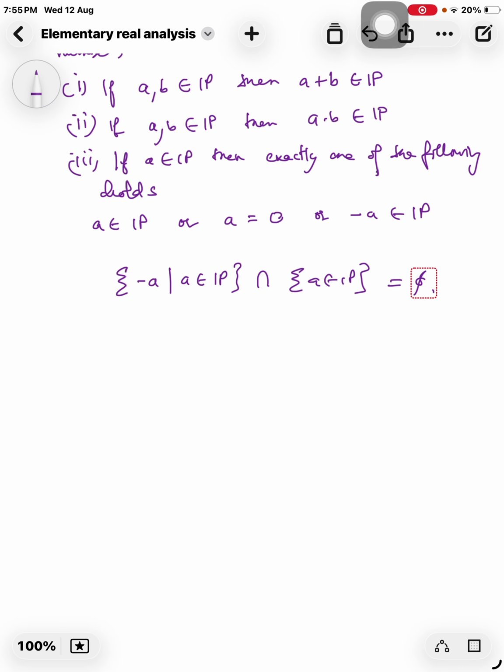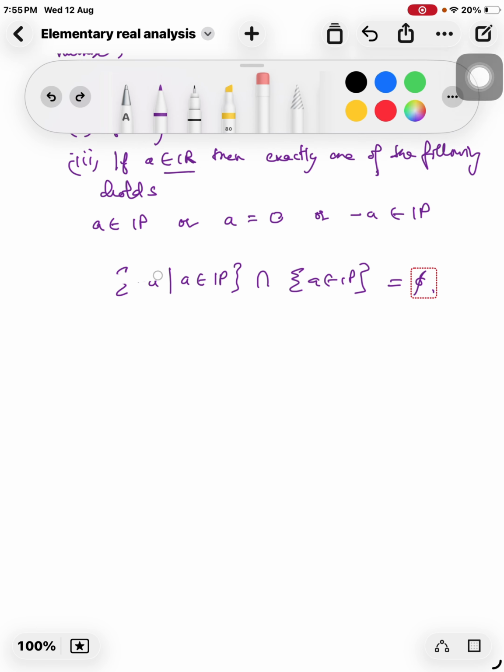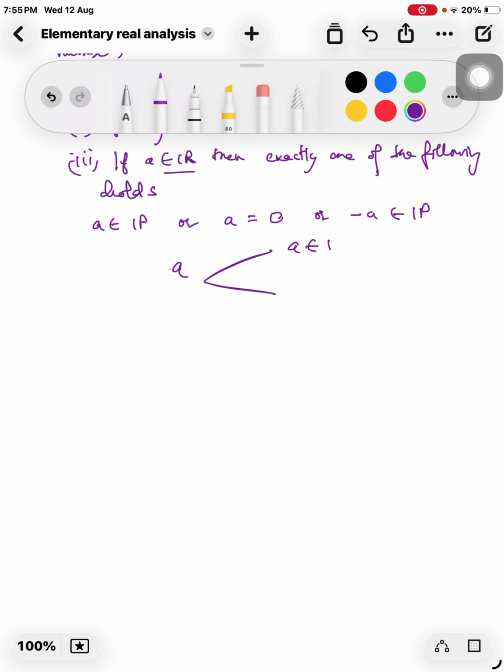So we are saying if you have any real number, then exactly one of these things should hold, and that means if you have a real number a, then it has three possibilities: either a belongs to P, or a is 0, or minus a belongs to P.